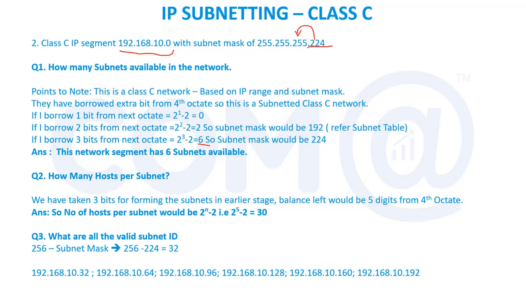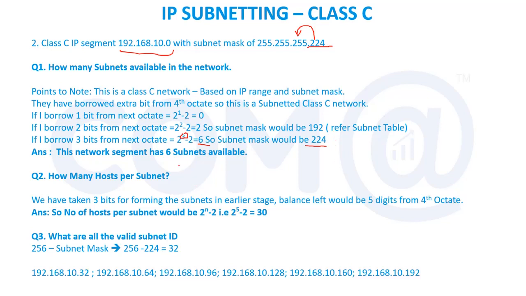It means if I borrow 3 bits from the host portion to the network portion, my subnet mask will be 224, right? And by this calculation, I will have six subnets in my network, and the subnet mask will be 224.